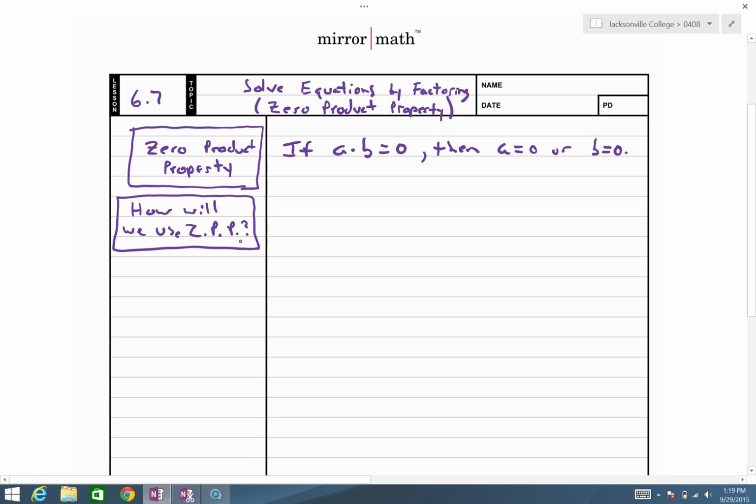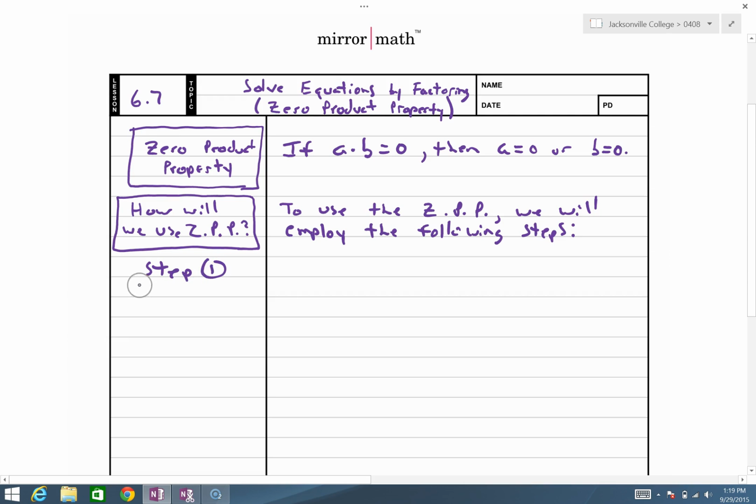To use the zero product property, we will employ the following steps. Step 1. Set your equation equal to 0.